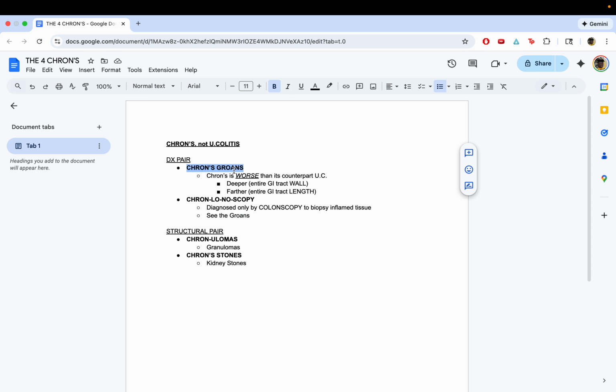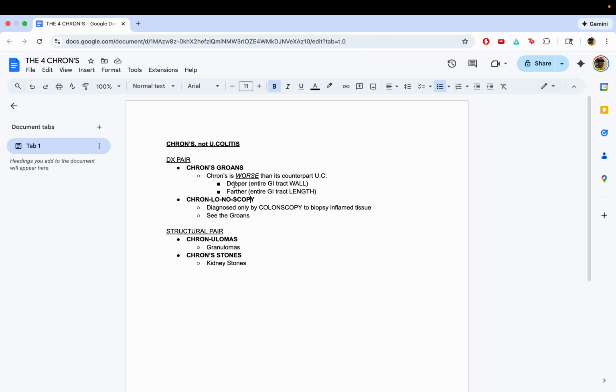Crohn's groans is the other rhyme. The groaning represents the fact that Crohn's, in my head, is basically worse than ulcerative colitis, quote unquote. They're both really bad. I don't know if in real life you would say one is definitively worse, but as far as what you see with the tissue, Crohn's looks worse because it covers more ground.